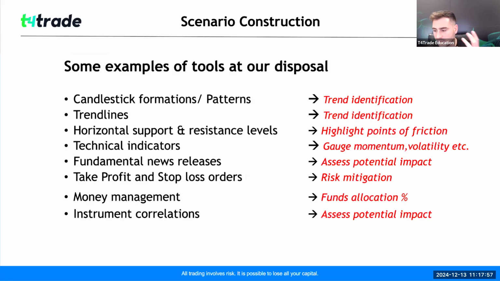Okay, so some available tools that we're going to be using, for example, for a trend identification process, are possibly candlestick formations or chart patterns that are easy to see, and some are super easy to spot. For trend identification, we're also going to use simple, basic trend lines that point to where the price action is going.